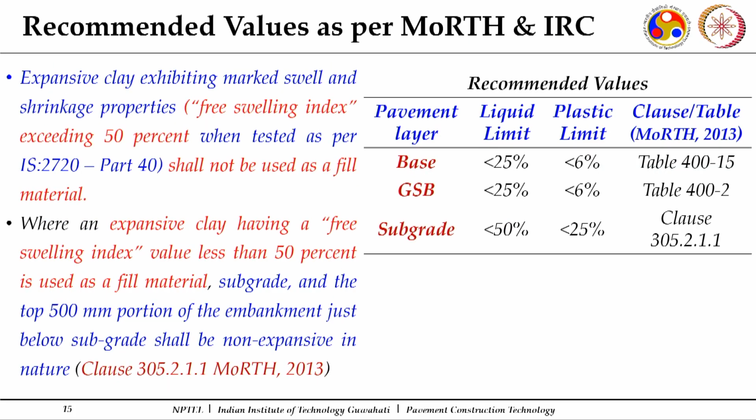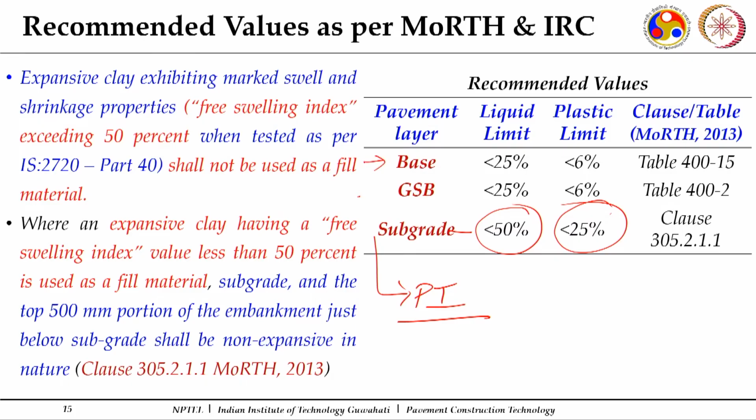Now, MORTH also recommends that if you are using any subgrade material, the liquid limit should be preferably less than 50%, the plastic limit should be less than 25%, especially in terms of plasticity index. We will try to have a soil with a lower plasticity index value.